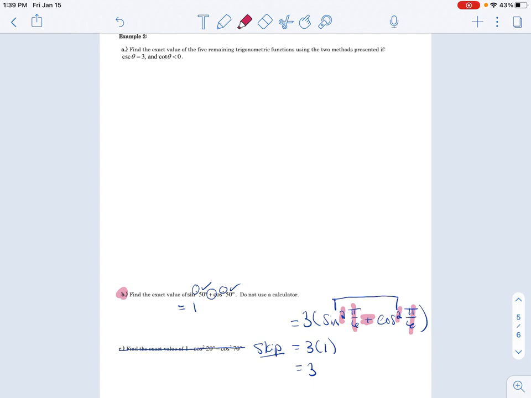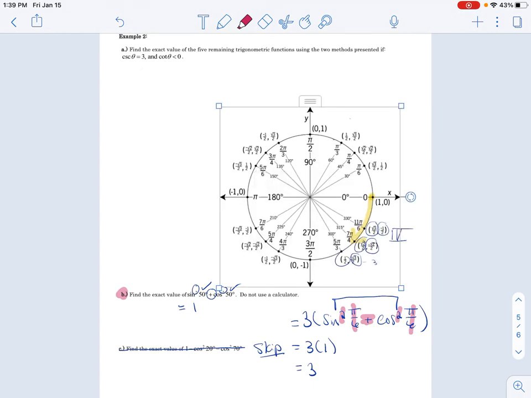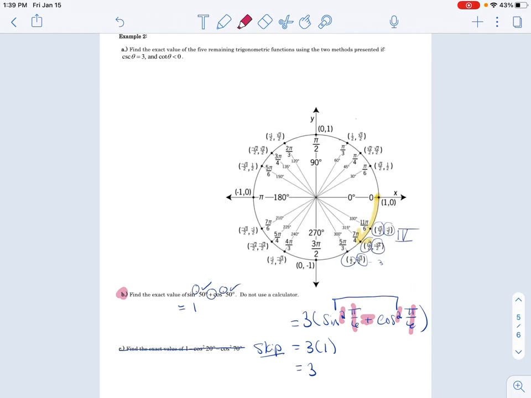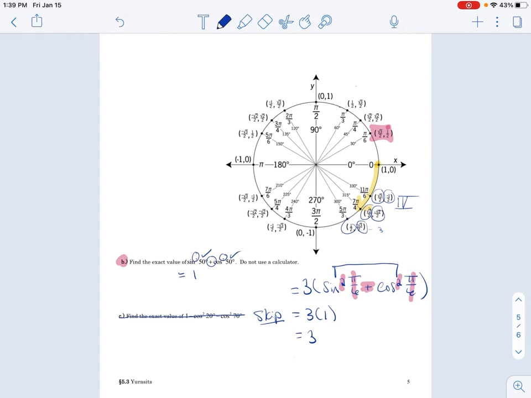If you didn't have all those met, you'd be a little stuck and you'd have to go to your unit circle. And I actually, just to convince you a little more, look at pi over 6. This is pi over 6, okay? If I were actually going to say I didn't know the identity, I could go to my unit circle and evaluate and say, okay, well, this also equals 3.